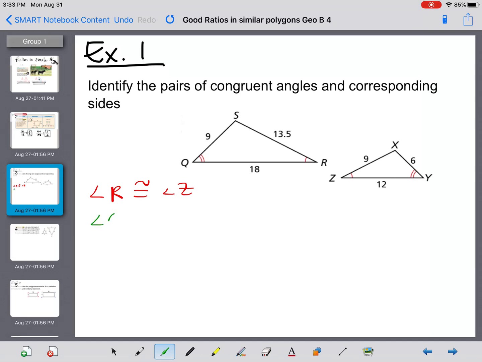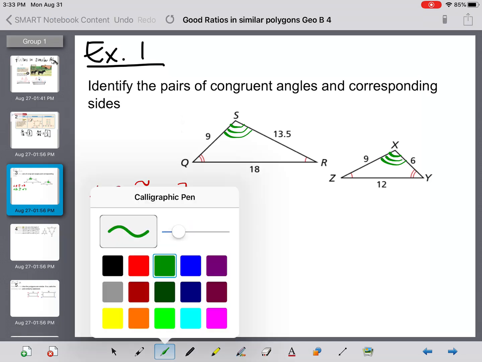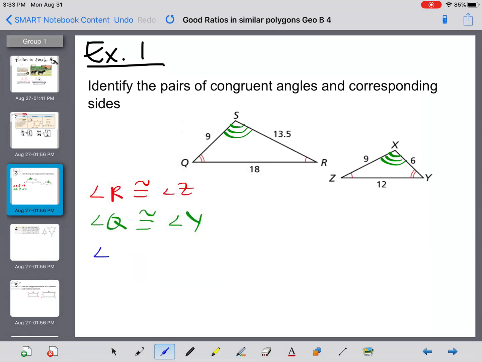That would be angle Q congruent to angle Y. And when two angles of a triangle are congruent, the third angles theorem tells us that the third angle is congruent. So angle S is congruent to angle X.